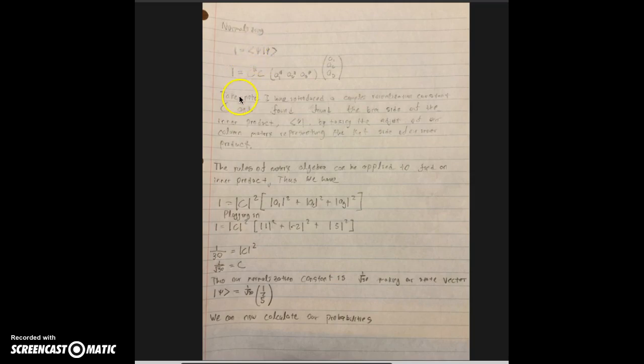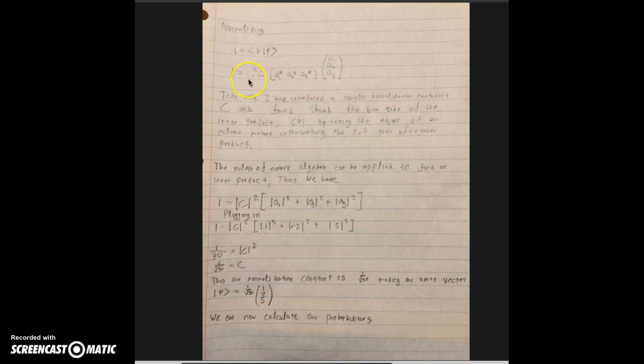Once we do that, we are left with this. So when we take the adjoint, it transforms our column vector into a row vector, and all the elements become the complex conjugate of the elements that are in our column vector.